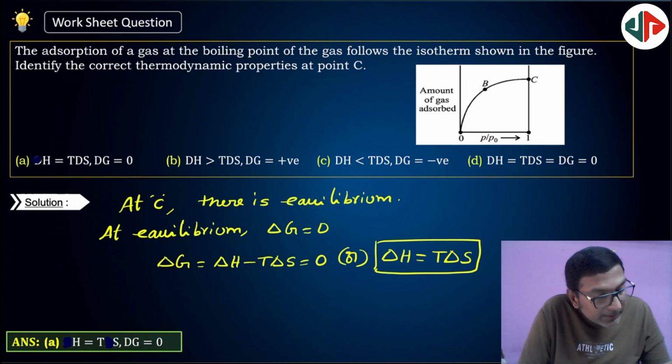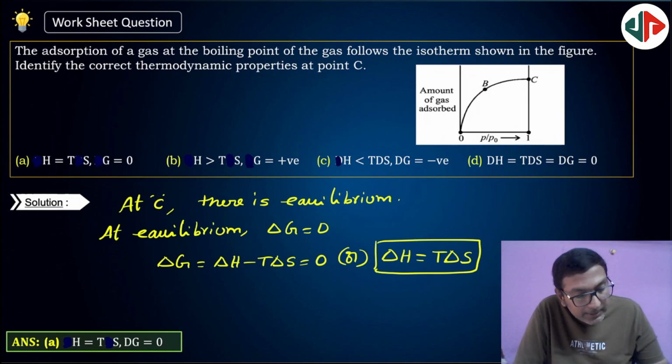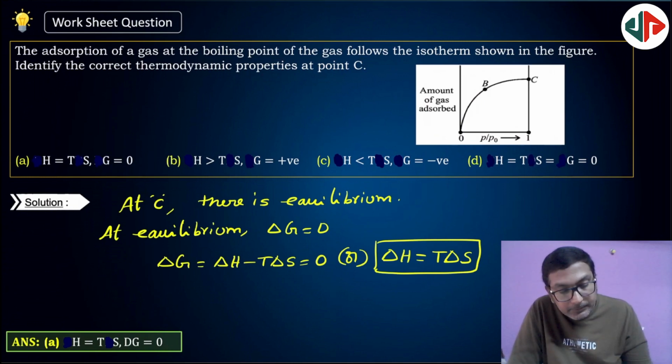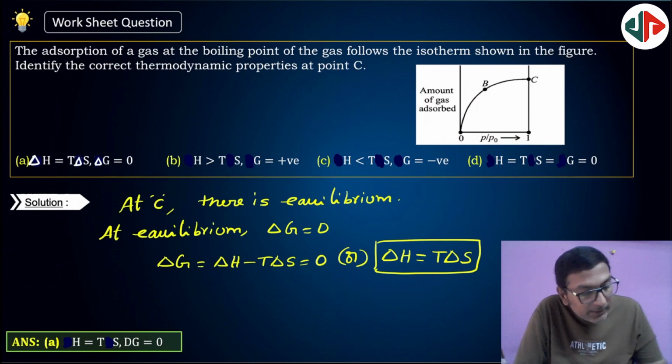Here all are deltas only. So very important. Delta G 0 means delta H becomes equal to T delta S. Delta should be there. So here delta H equal to T delta S and delta G equal to 0.